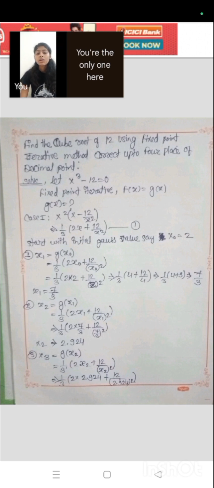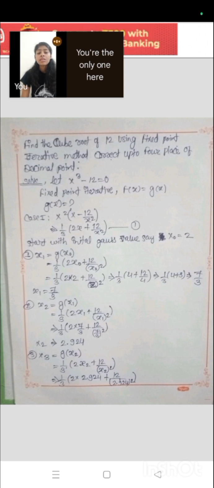Now for the second iteration, x2 is equal to g of x1. In the g formula, we put the value x1 is equal to 7 by 3.